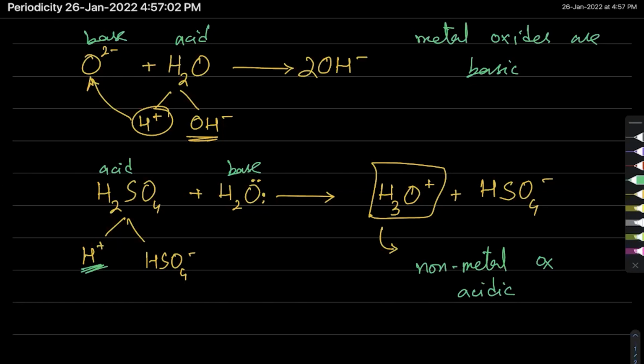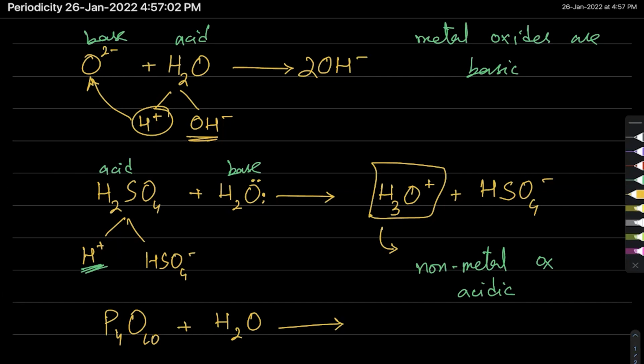So for example, what happens if I put phosphorus oxide in water? Phosphorus oxide, P4O10, I put that in water. What it's going to do is basically form phosphate ion. It's going to take that O negative and form phosphate ion.